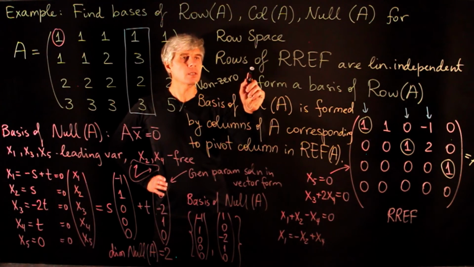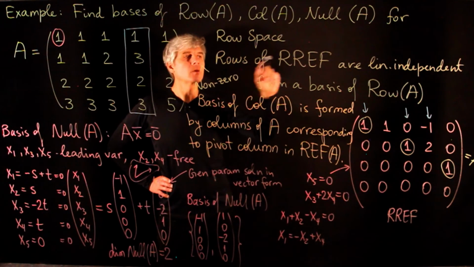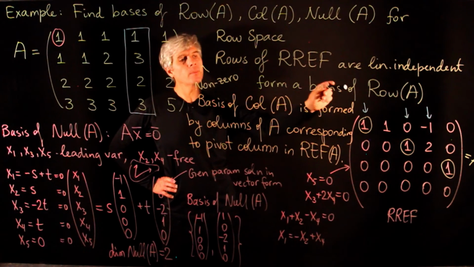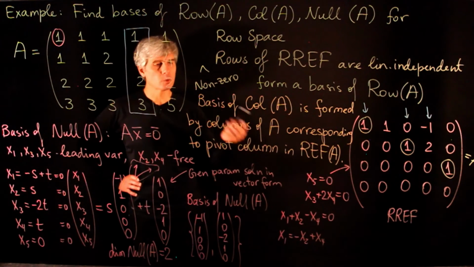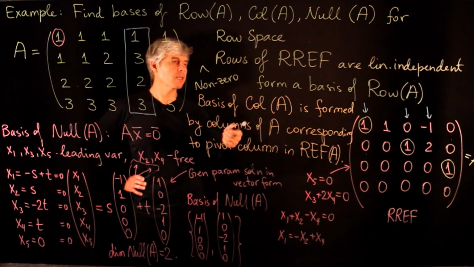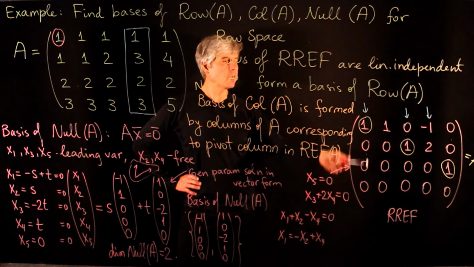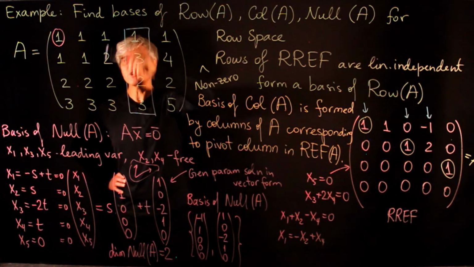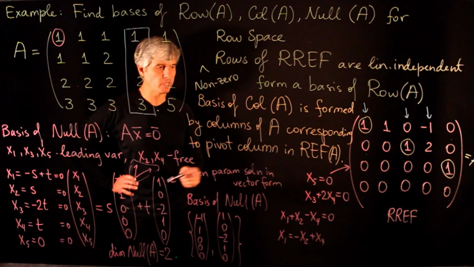If we want to find the basis of a row space, then we go to reduced row echelon form, and rows of reduced row echelon form will form a basis of the row space of A. To find the basis of the column space of A, we again go to reduced row echelon form, find the locations of the pivots, and take the matching columns from the original matrix. So this will be the basis of the column space of A.